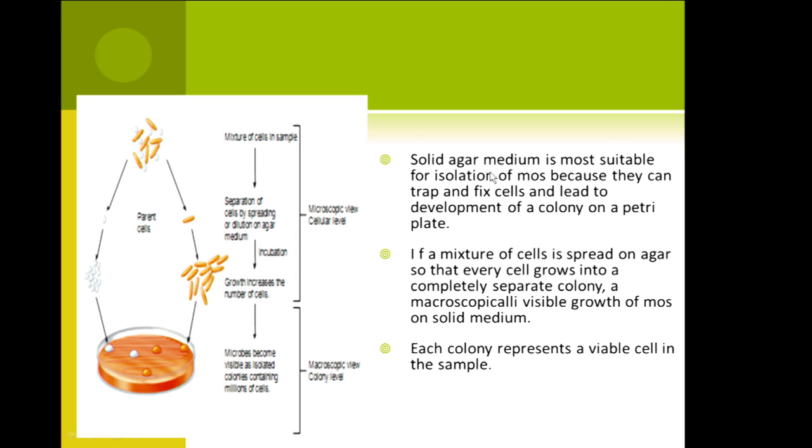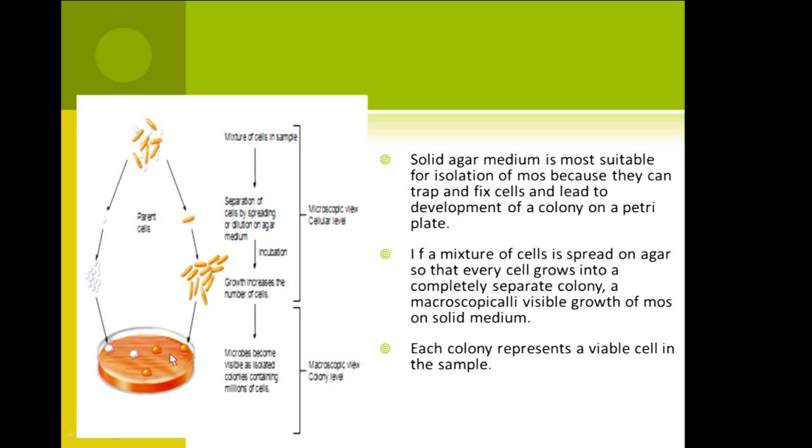Solid agar medium is more suitable for isolation of microorganisms because it can trap and fix cells and lead to development of a colony on a petri plate. So here, if a mixed culture is placed on an agar plate, all the cells are spread on the plate and each cell will multiply, and after incubation, when sufficient time is given, they will develop into a macroscopically visible growth.